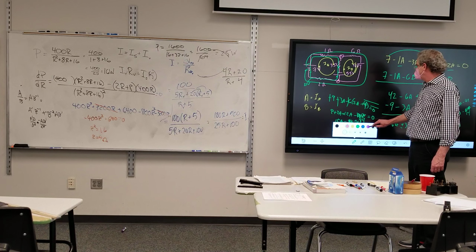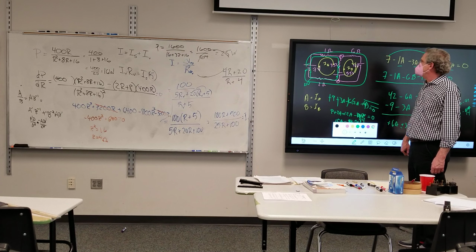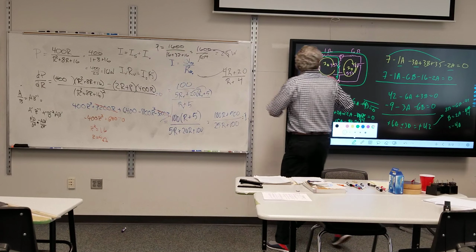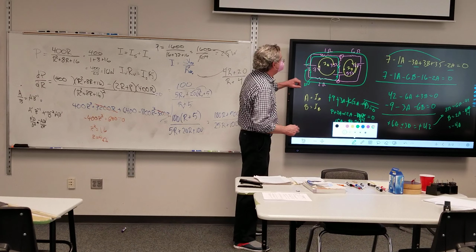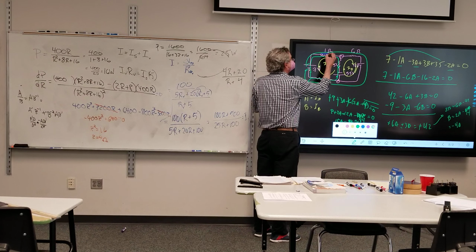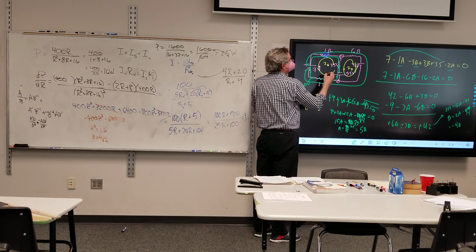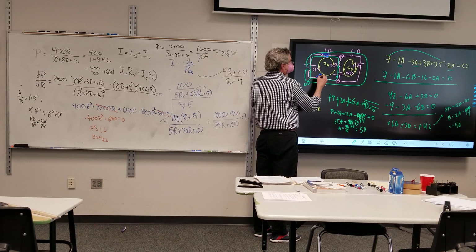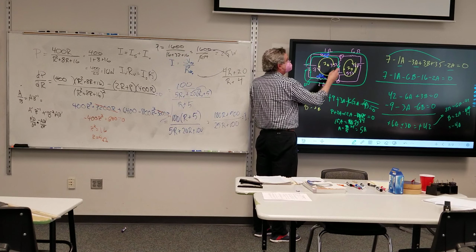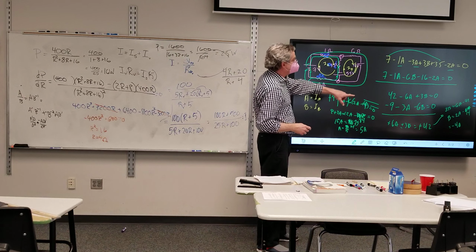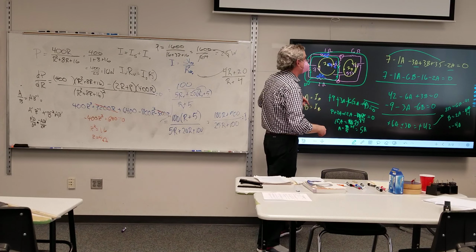Not done yet. Let's see how well blue works. All right, so A is a positive number, so we know it's going in that direction. I got 5 amperes flowing to the right across there. I got 5 amperes flowing to the left across there, and I have 5 going down like that. From B, I got a negative, which means the current's going in the opposite direction.